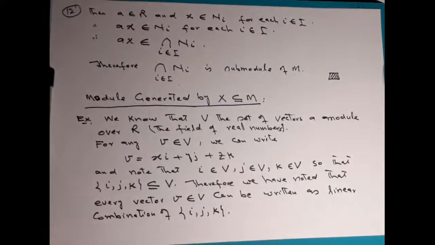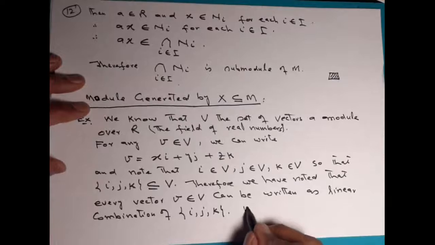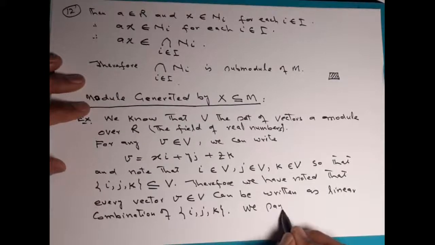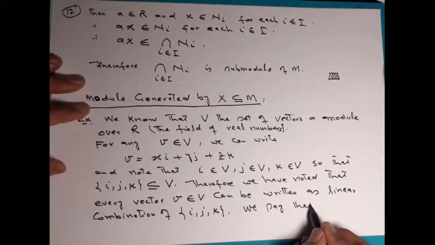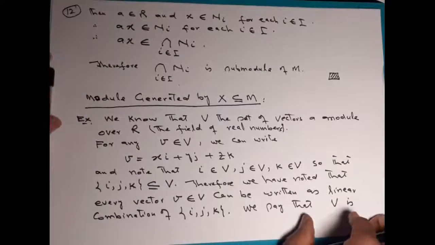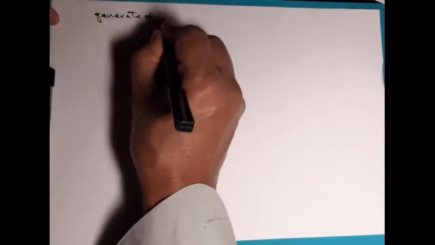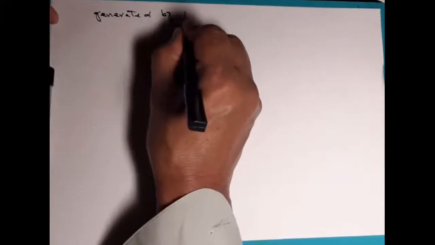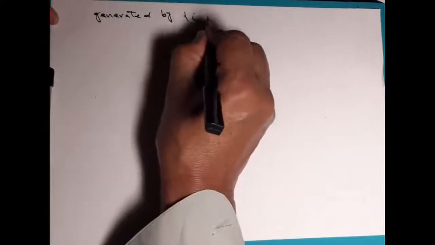Therefore, we say that V is generated by i, j, k.